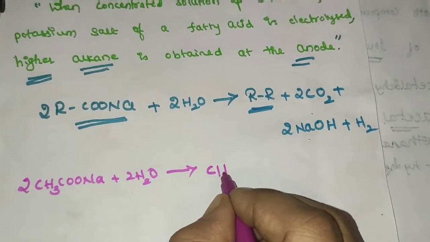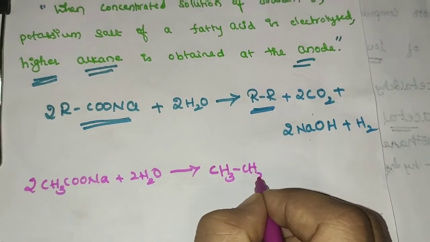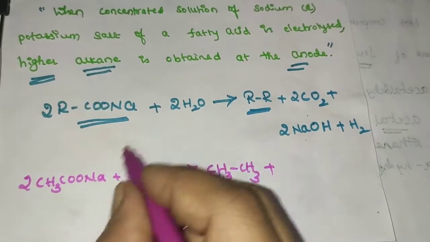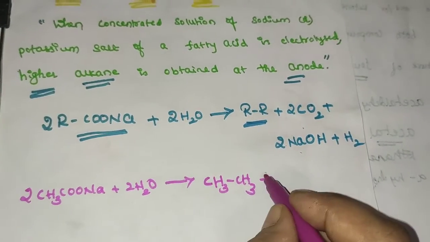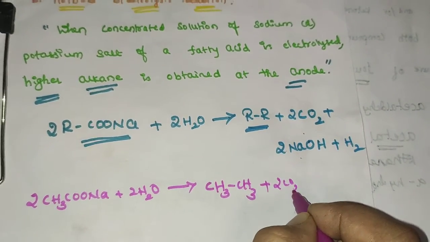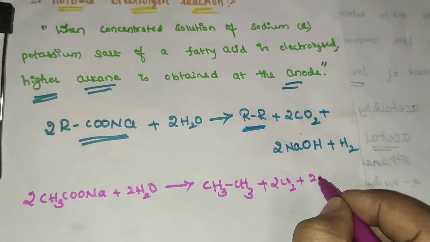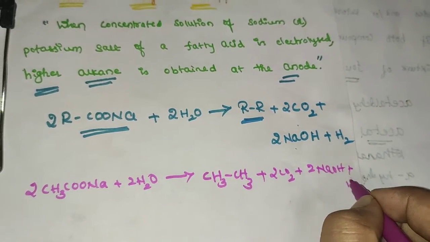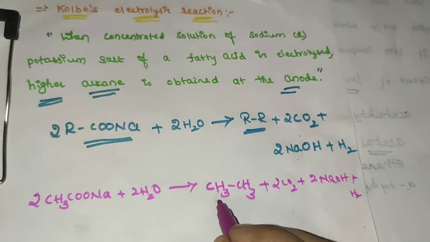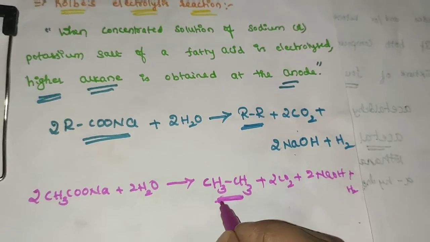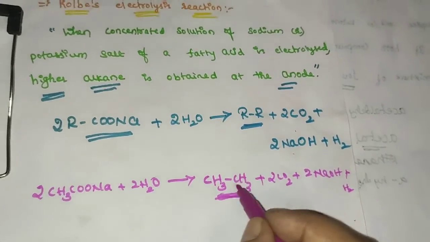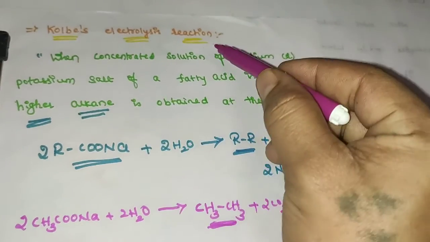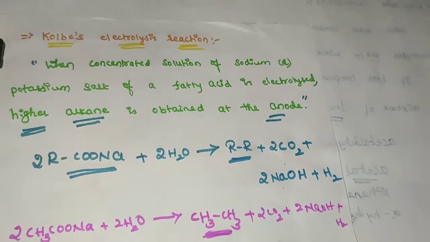So we should take CH3. Then the remaining is the same as in the general reaction. So 2CO2 plus 2NaOH plus H2. Here the higher alkane is only ethane. Such a reaction is called Kolbe's electrolysis reaction.